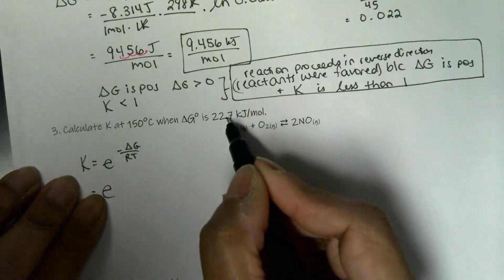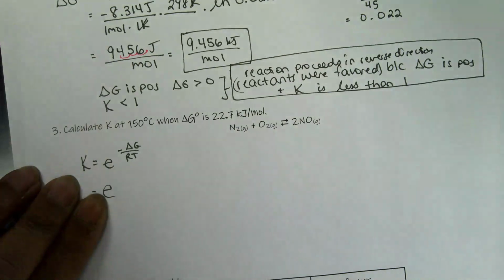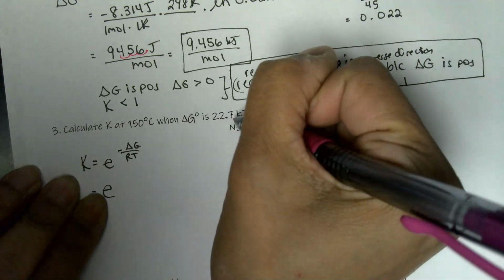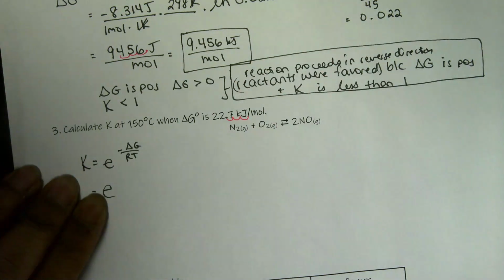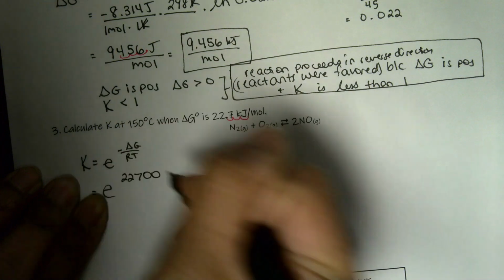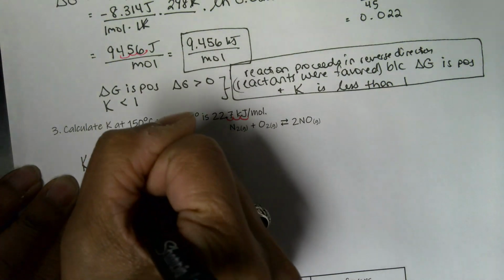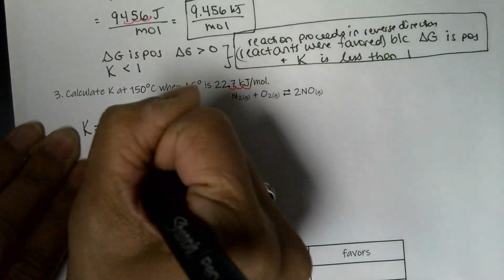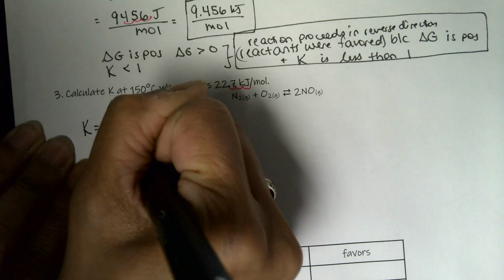This one is in kilojoules, so I'm going to multiply it by 1,000 to get joules. So 1, 2, 3. I have 22700, and that's going to be negative because I'm going to maintain my negative value there. And that's joules over mole.